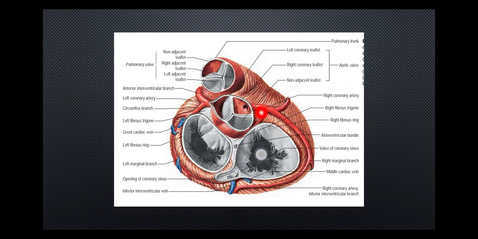Where do these arise from? This is the aorta, and here we have the origin of the right coronary, and here the origin of the left coronary. They arise from the coronary sinuses just above the aortic valves.